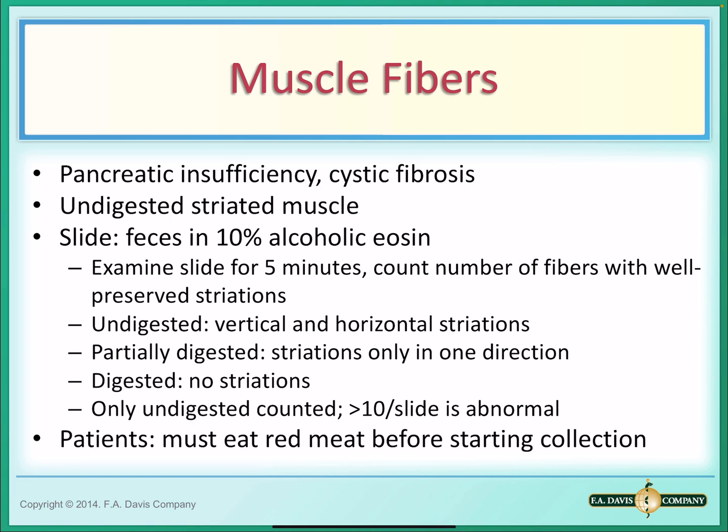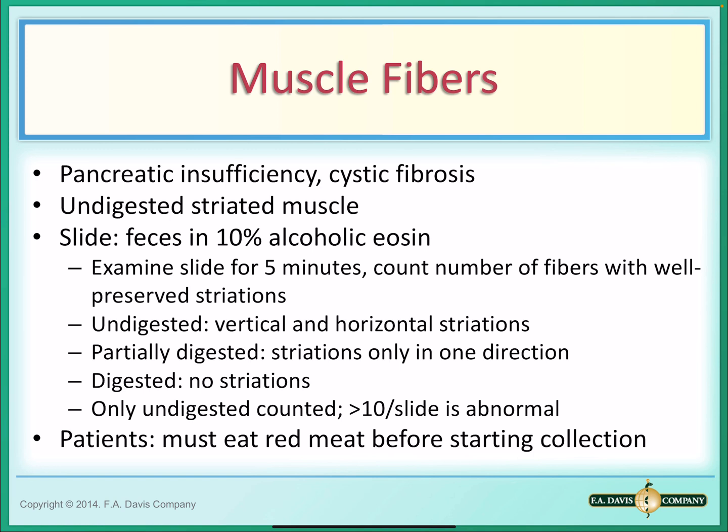Slides for the detection of muscle fibers are prepared by emulsifying a small amount of stool in 10% alcoholic eosin. This enhances the muscle fiber striations. The entire slide is examined for exactly 5 minutes, and the number of red stained fibers with well-preserved striations is counted.